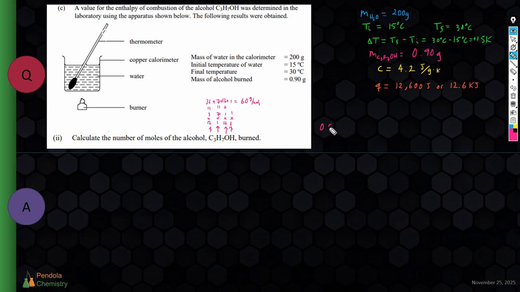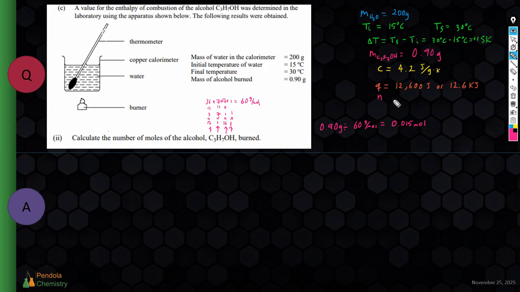If we have 0.90 grams, we divide that by 60 grams per mole in order to get the number of moles. 0.9 divided by 60 is going to give us the number of moles, which is 0.015 moles of the alcohol.